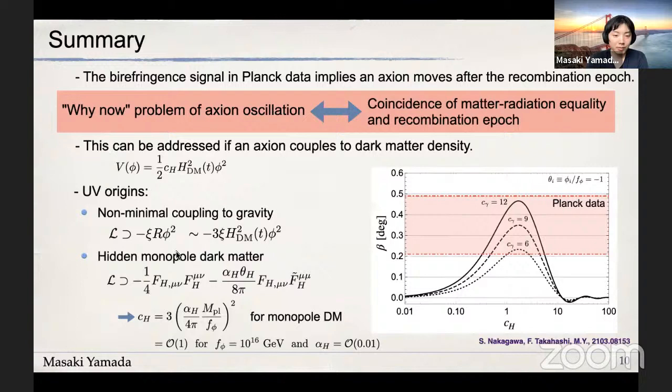This kind of dark matter is also motivated by the solution to the small-scale crisis of structure formation. So from that side, we can indirectly test this monopole dark matter. And this monopole is in a hidden sector, so we cannot directly detect it with the standard techniques for the standard monopole.